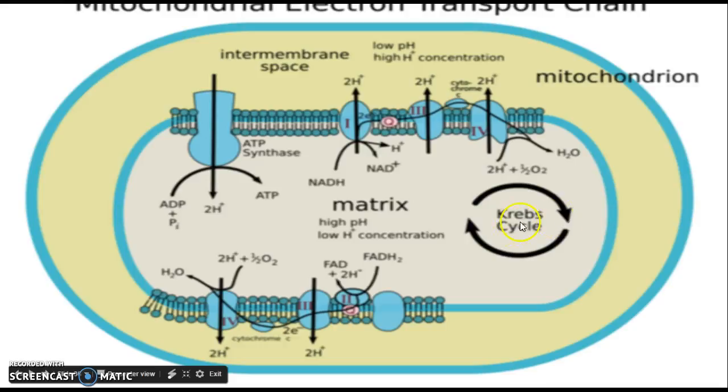It's going to be breaking off carbon dioxides, making a whole bunch of FADHs and NADHs. Inside of our mitochondria, then, the concentration is going to get high of these guys. These guys then are going to have enzymes that break off their hydrogens. Those hydrogens don't want to stay in here, and they leave. So then we start to get this huge concentration of hydrogens on the outer membrane of the mitochondria.